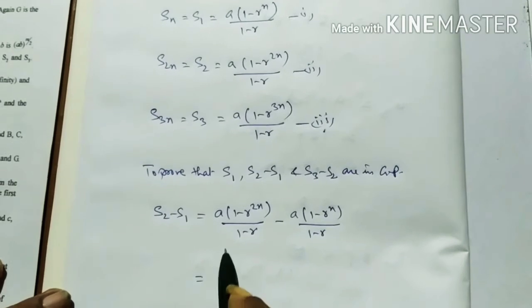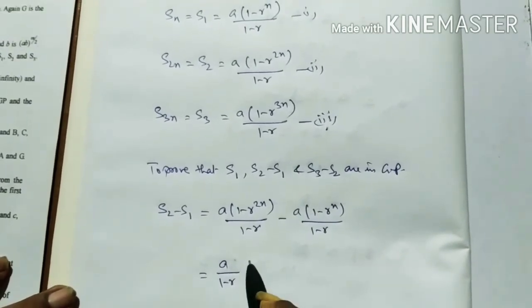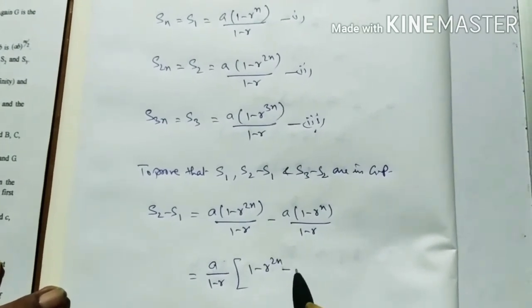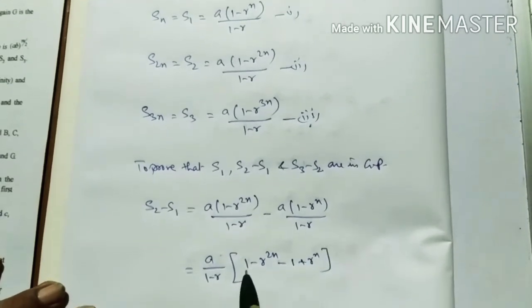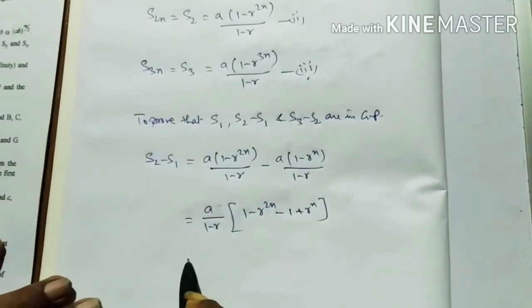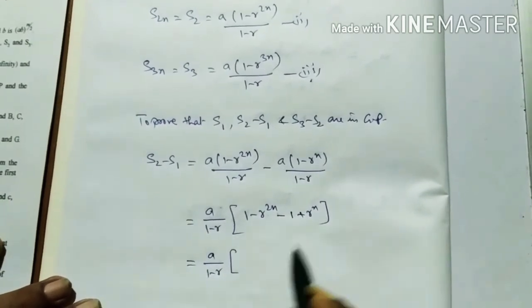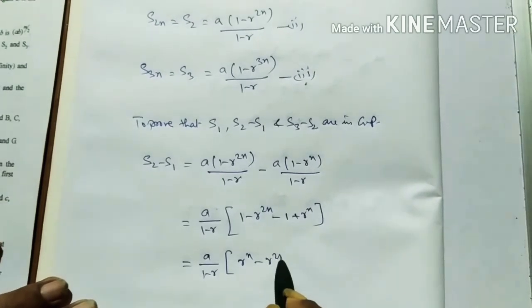Now I can take common A by 1 minus r. So 1 minus r to the power of 2n minus 1 plus r to the power of n. So 1 minus 1 cancels out, and A by 1 minus r, r to the power of n minus r to the power of 2n.